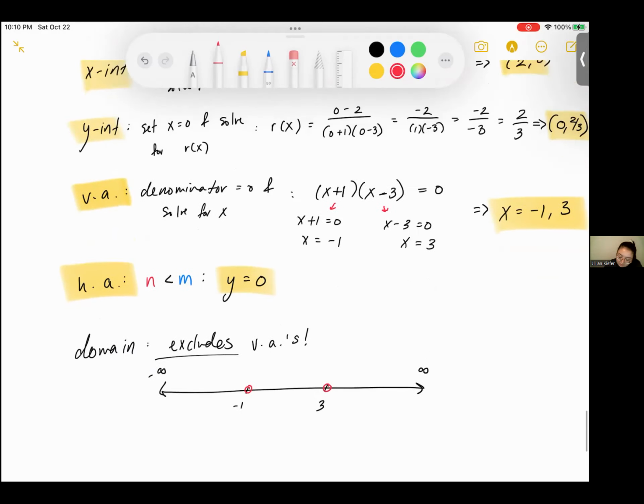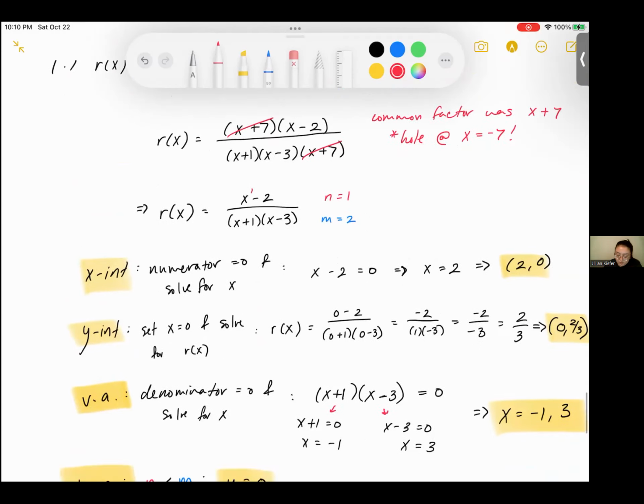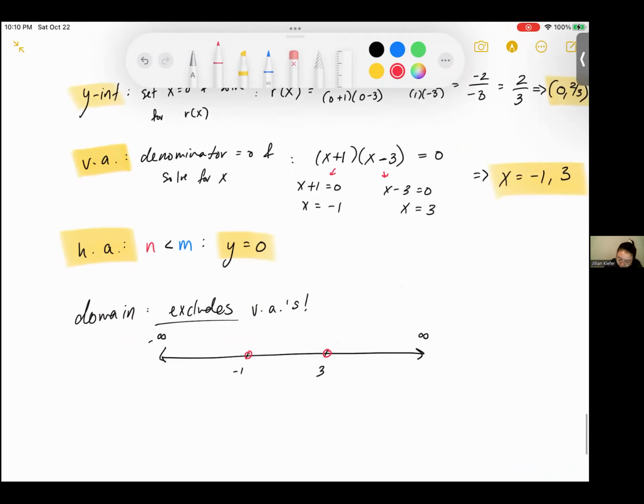But one thing that we have to remember is that we have a hole at -7 as well. So in our domain, we can't forget that. We can't forget the hole. If you cancel out a common factor, it's important not to forget that value, because your function doesn't exist there either.